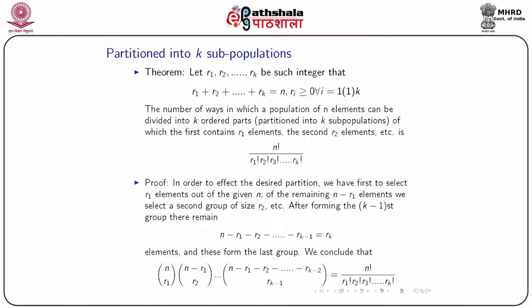This is the theorem for dividing the whole population into k subpopulations. The proof is not very difficult to understand.